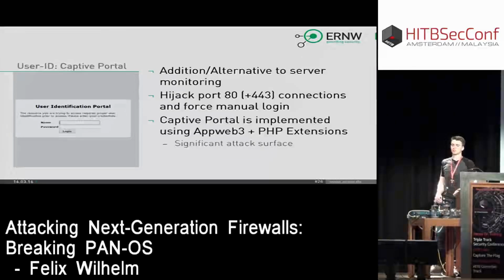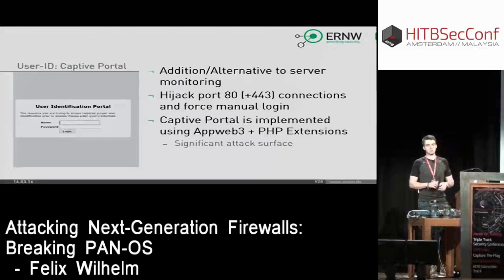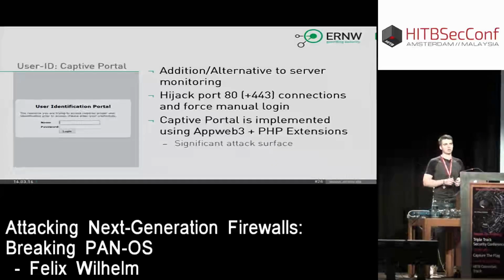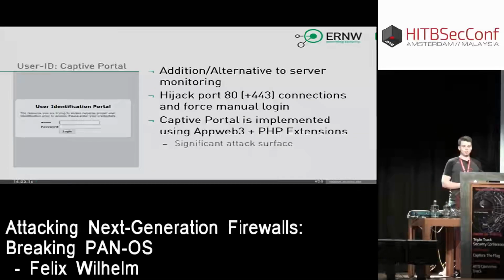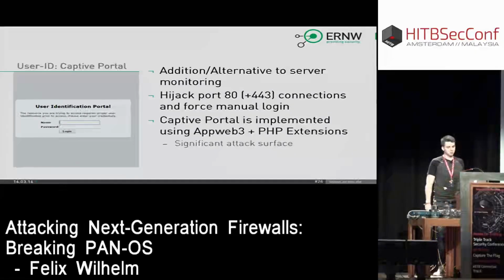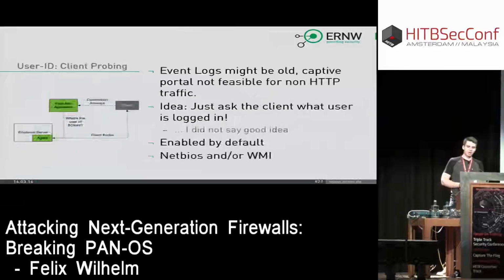So if your user is just trying to access some kind of internal website, you pop up this login field, and then you have to perform normal authentication to your domain. Again, this is quite interesting because it's also using this web server stuff plus the PHP extensions, so it's an interesting attack surface.